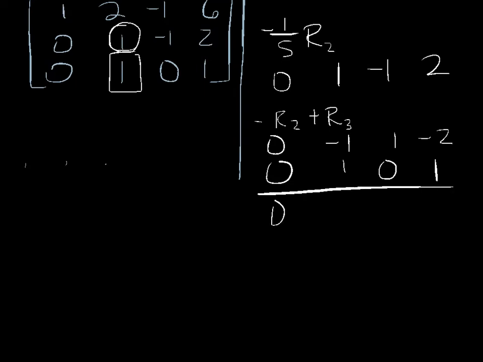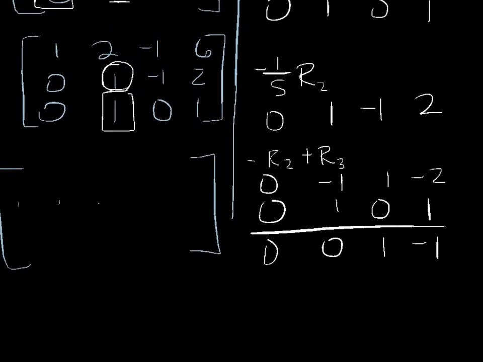So I get 0, 0, 1, and negative 1. That's going to replace my third row in my matrix, so that I now have 1, 2, negative 1, 6, 0, 1, negative 1, 2, and 0, 0, 1, negative 1.